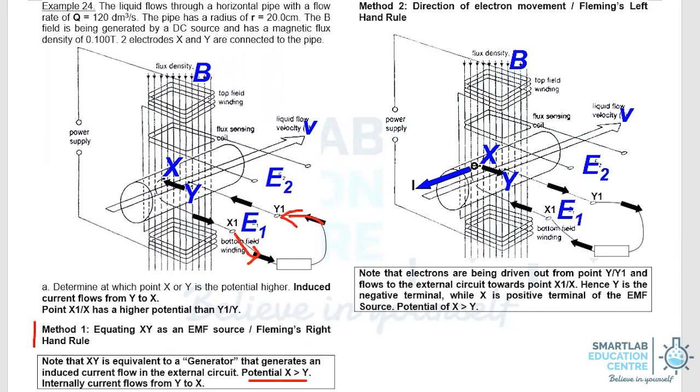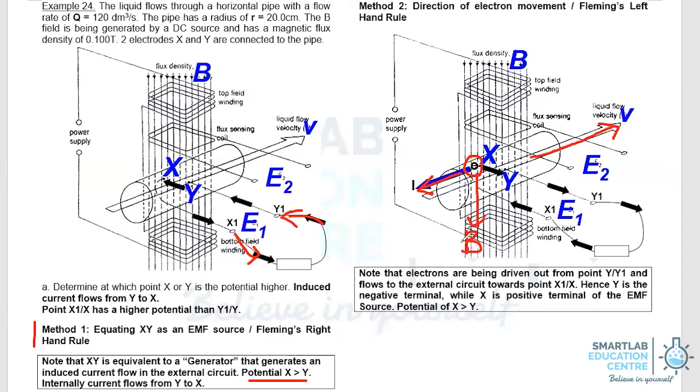We could also use an alternative method whereby we look at the electron in the conducting fluid, which in this case is moving in this direction. So based on understanding of conventional current flow, the electron flow is directly opposite of conventional current flow, which means the conventional current flow will be indicated in this direction as such. Your B field will be acting downwards.